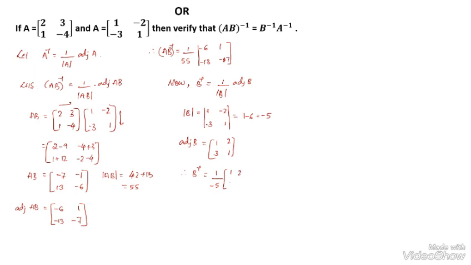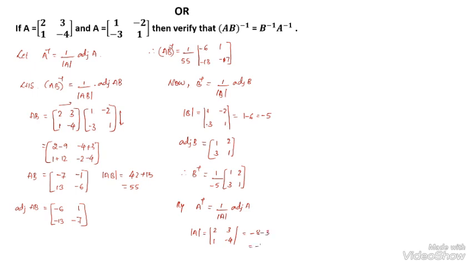Similarly, I take A inverse, that is 1 by determinant of A into adjoint of A. What is the determinant of A? Here, 2, 3, 1, minus 4: 2 fours are 8 minus 8, 3 ones are 3 minus 3.